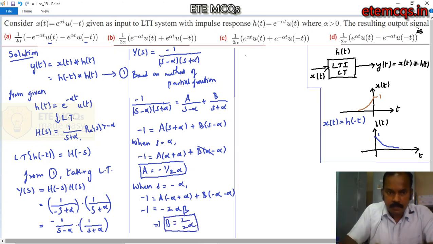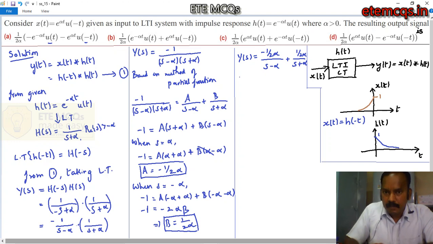By substituting a and b in the partial fraction, we have Y of s is equal to a, which is minus 1 by 2 alpha, the whole divided by s minus alpha, and b is 1 by 2 alpha, plus 1 by 2 alpha, the whole divided by s plus alpha.